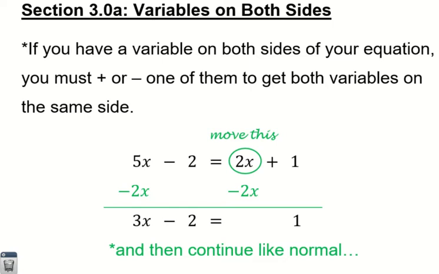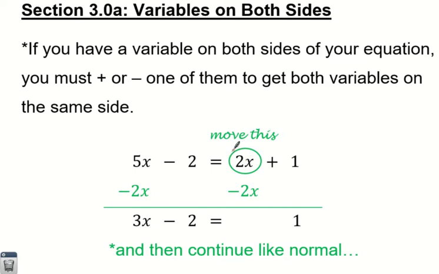So if you have a variable on both sides of your equation, you must add or subtract one of them to get both variables on the same side. Notice there was a 5x over here and a 2x over here. You need the x to only be on one side.